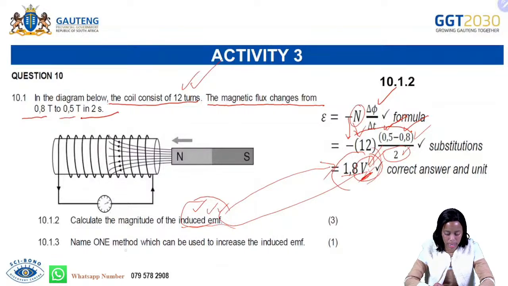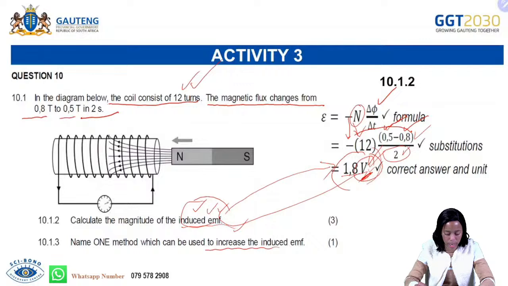Then it says, name one method which can be used to increase the induced EMF. So what is one method that we can use to increase the electricity that is produced, or to increase the current that is produced? Remember we spoke of increasing the number of turns, using a stronger magnet.